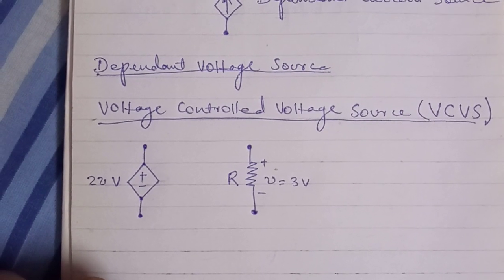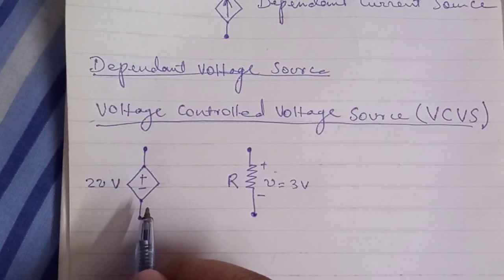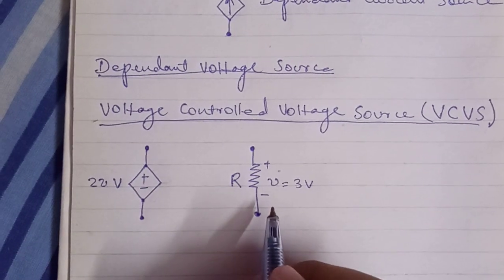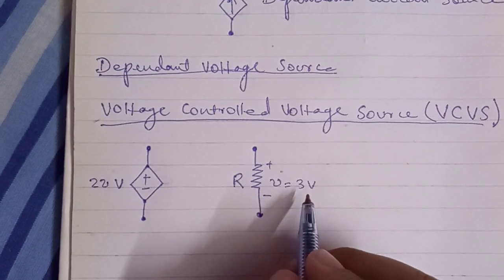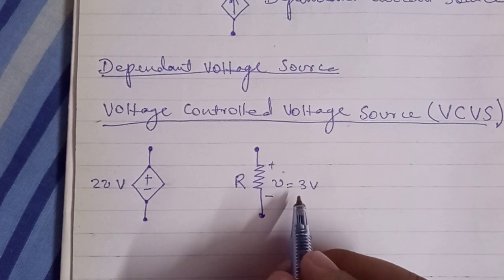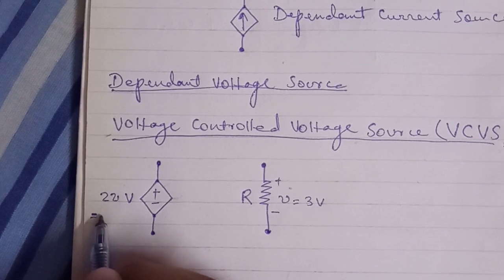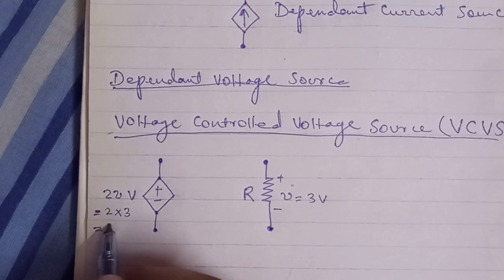What is this V? This V is actually the voltage of this resistor, which is 3 volt. So you put this 3 volt here, and it is multiplied by 2. 2 multiplied by 3 is equal to 6 volt.